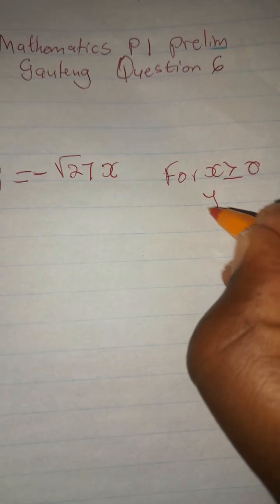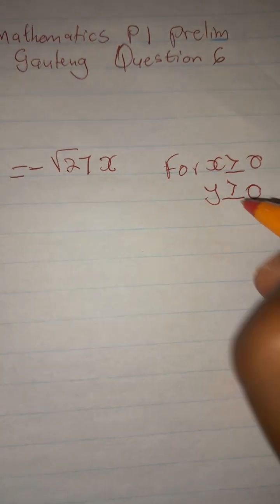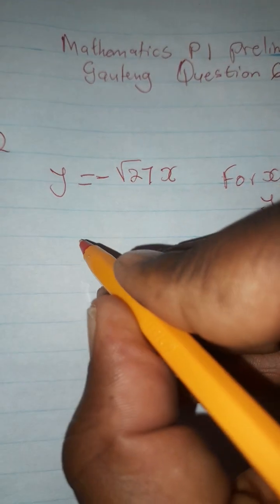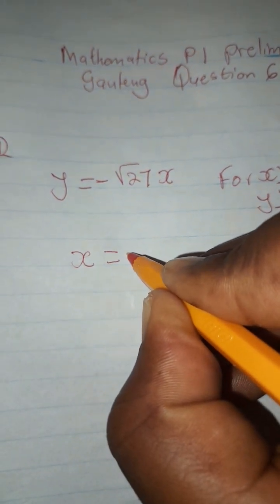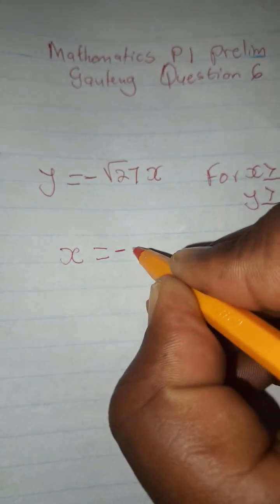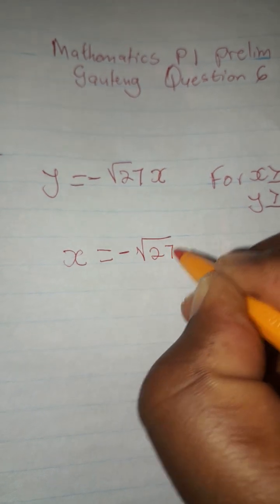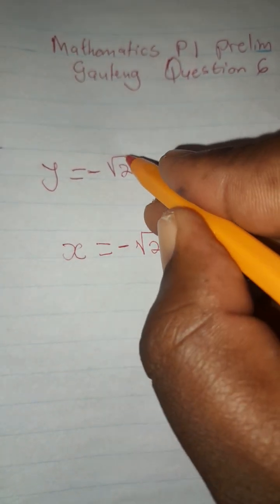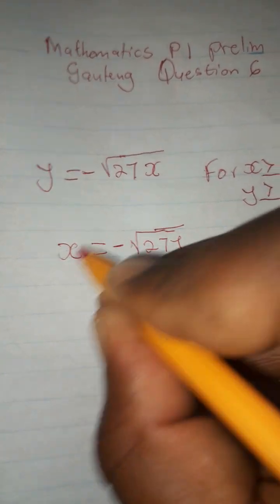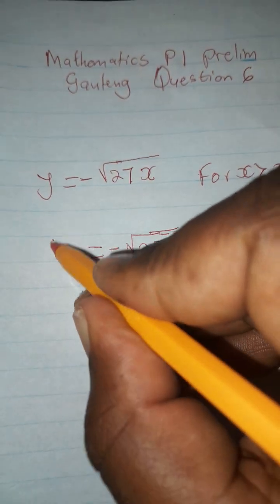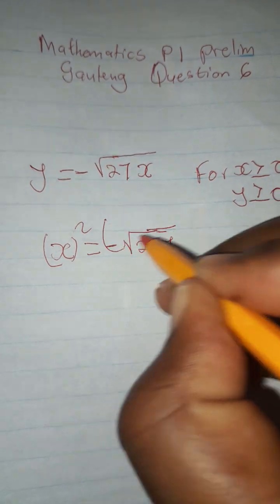When you restrict it, y will be less than 0. To find the inverse, you swap the coordinates. Where there is y, you replace it by x, and where there is x, remember that this is a root, we replace it by y. To get rid of a square root, we need to square both sides.